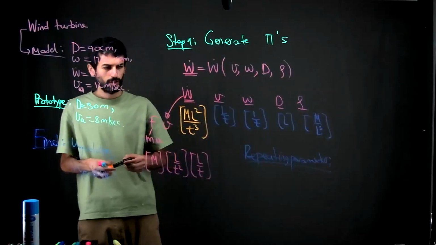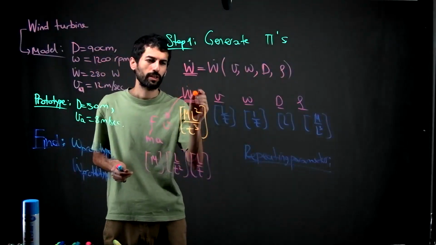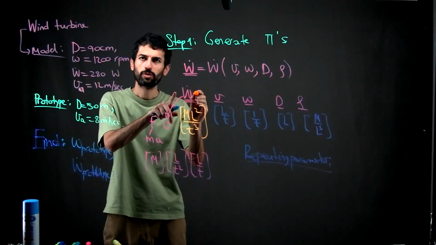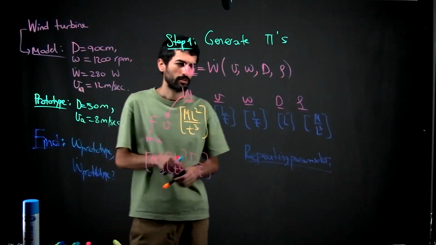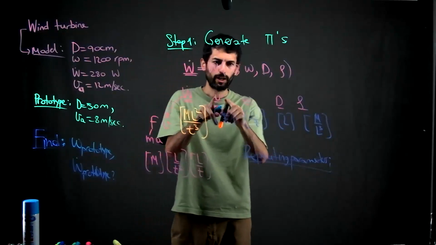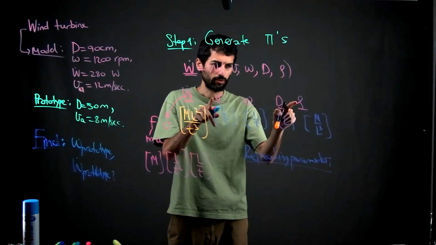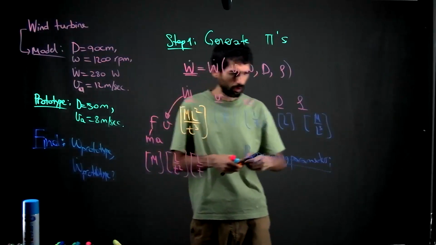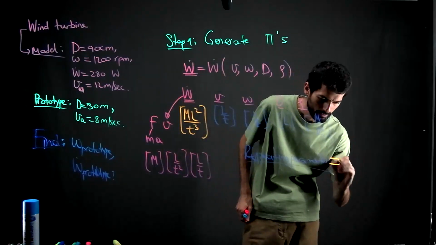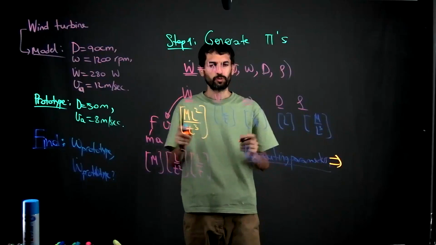So we cannot choose this one as a repeating parameter because this one is a dependent variable. Okay, so this one, no. So we have 4 of them, okay? But we have to know how many repeating parameters we need before we move on.